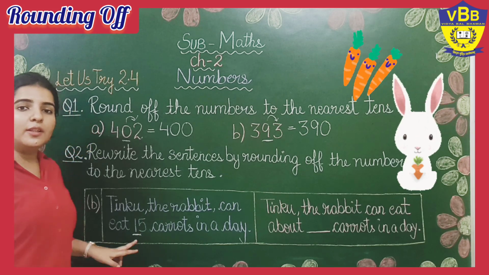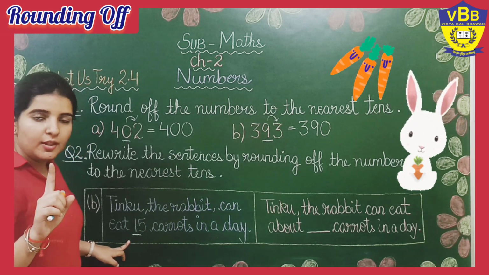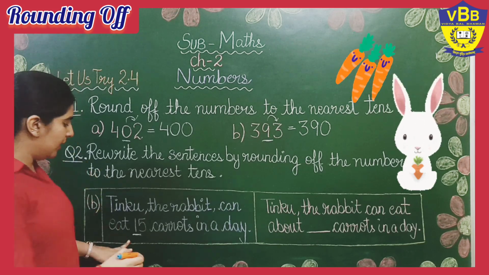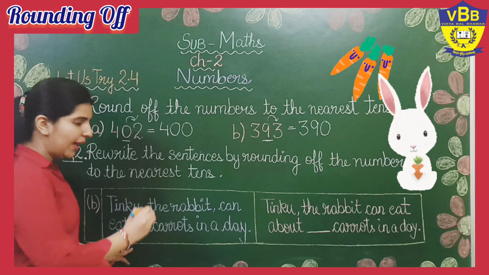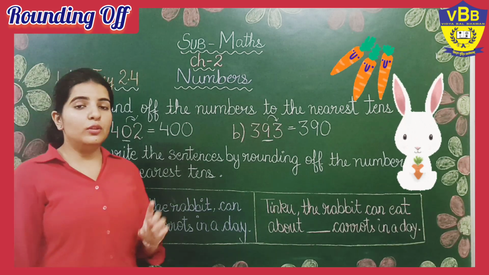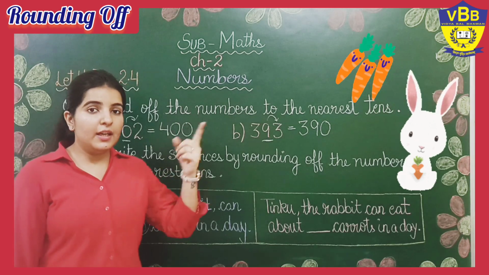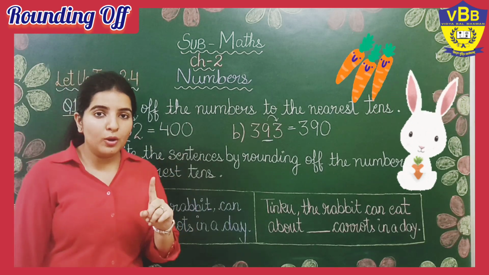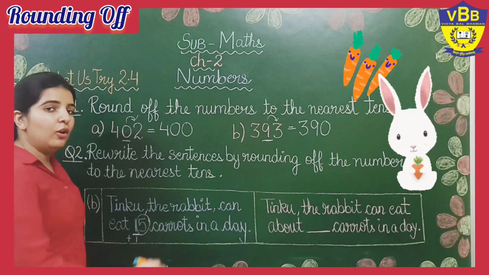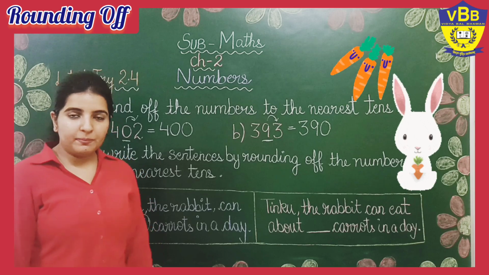Which number is there on the tens place? 1. Next number, that is 5. Now check the rule. 5 or greater, add 1 more. Okay, that means I have to add 1 on the tens place.